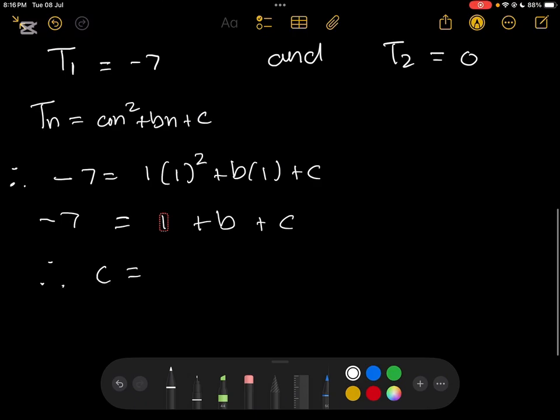If I simplify, C would be equal to -8 minus B. That will be my first equation.